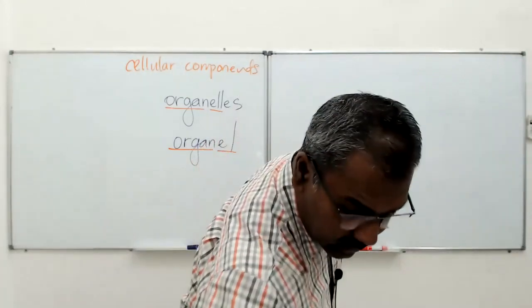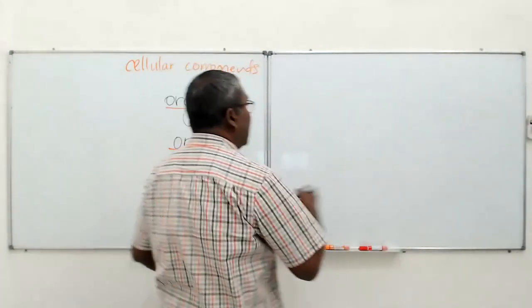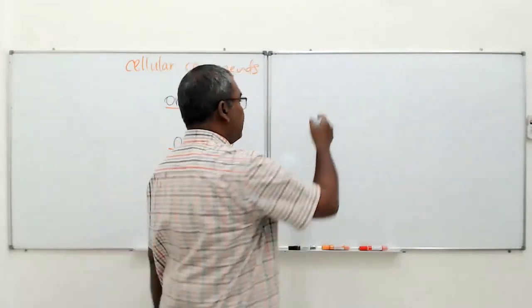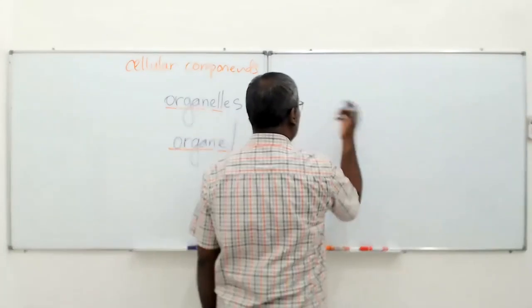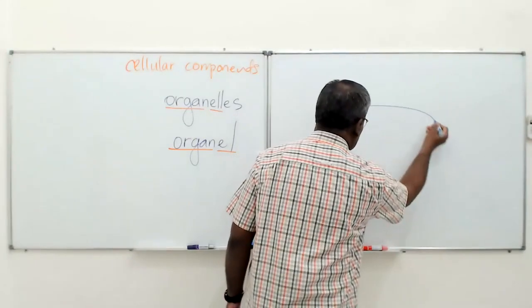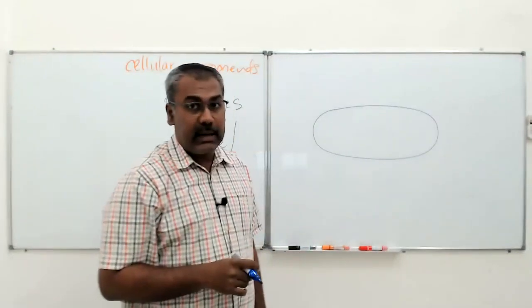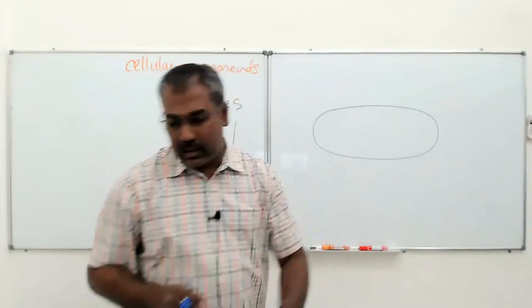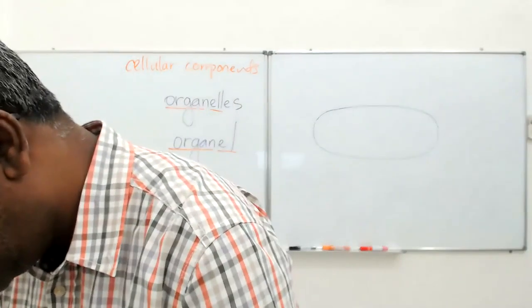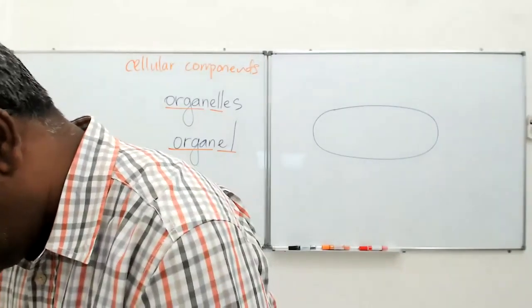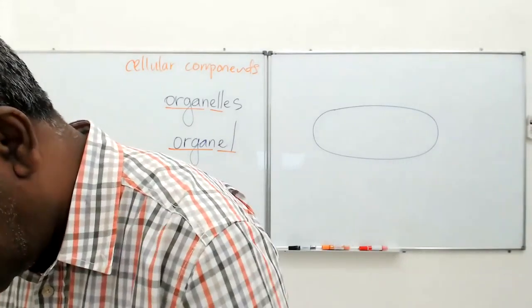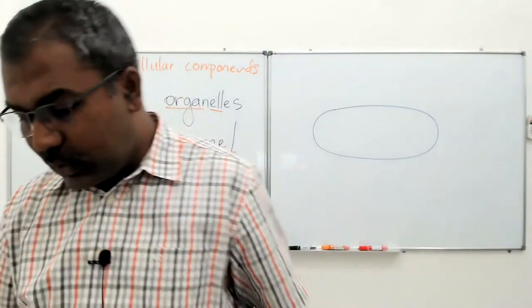Satu ciri mitokondria ialah dia ada 2 membran. So how to draw? Usually we draw like this. This is the first membrane, membran luar. Tadi dia kata apa? Ya, dia kata consists of 2 layers.